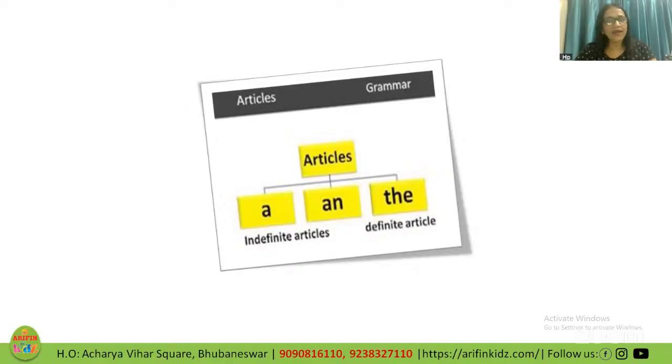A and an are called the indefinite articles, and the is the definite article. So here, indefinite and definite article means, as you know, that the indefinite article a or an is used before a noun which is not specific or definite, and the is used before a definite noun. Let us discuss.